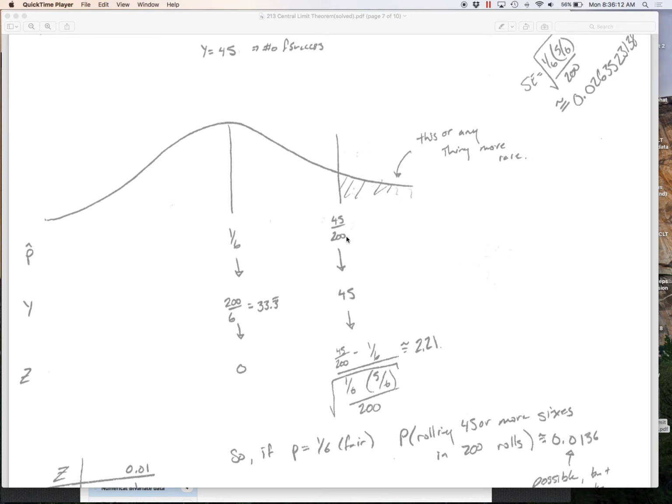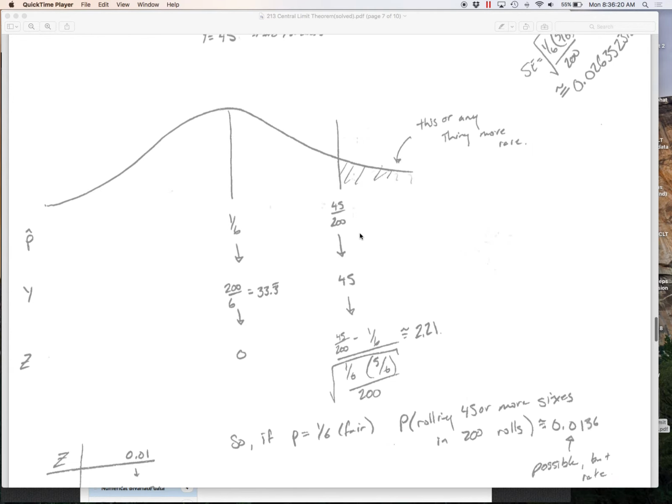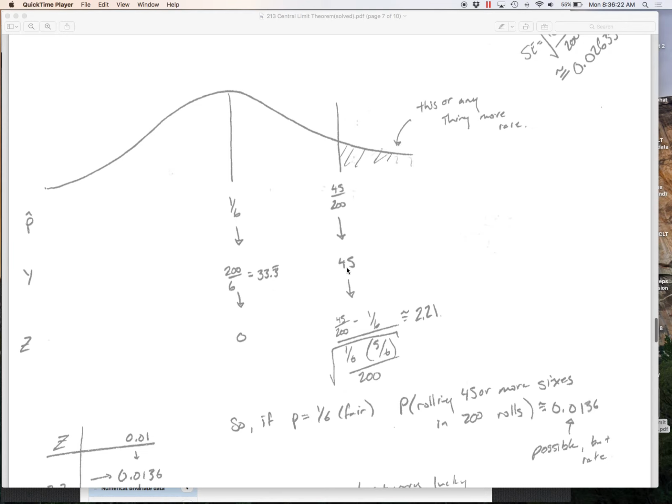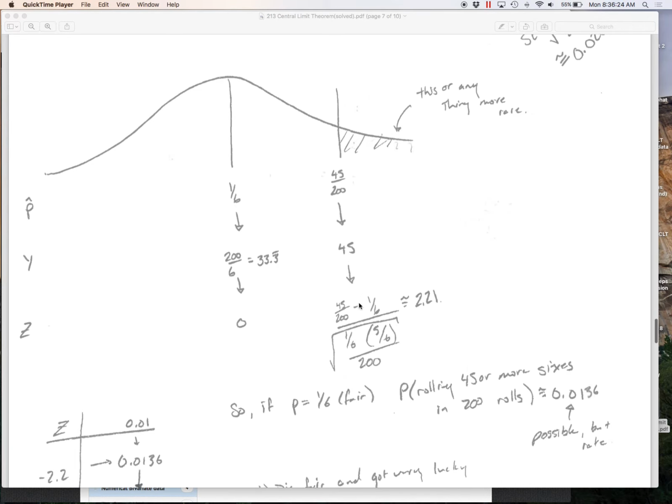What we actually got, the sample that we got, was 45 out of 200. This is the proportion, so 45 out of 200 will give a decimal. The number of successes would be 45, and the z-score is 45 divided by 200, subtract p, which is the middle, all over the square root of p times 1 minus p divided by n.